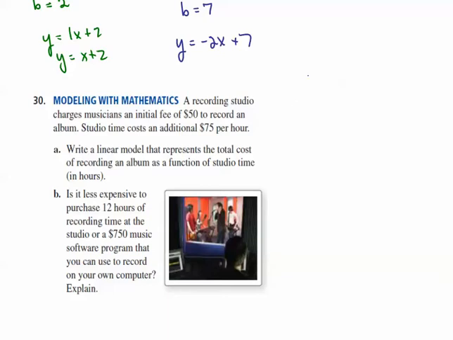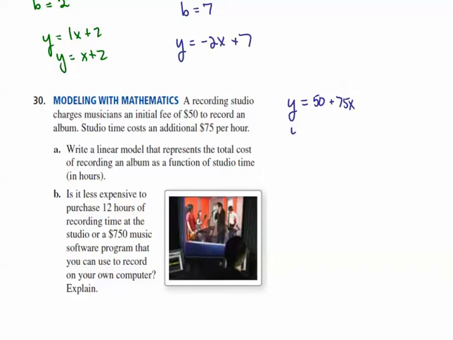And all that is going to be, we'll use y here, is find a linear model, just means a linear equation. We could make it a function if we wanted to, but an equation in y is just as good. So there's a $50 initial fee plus $75 per hour, a recurring fee.